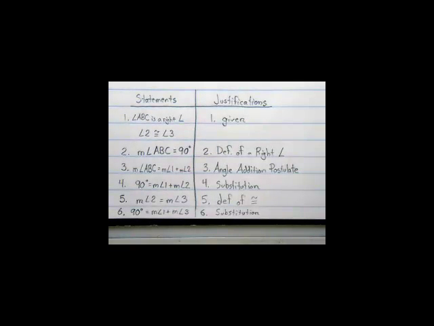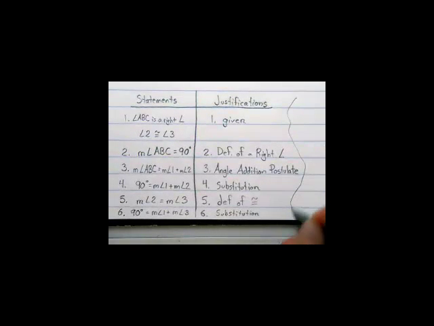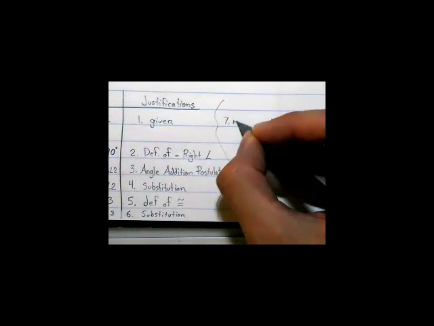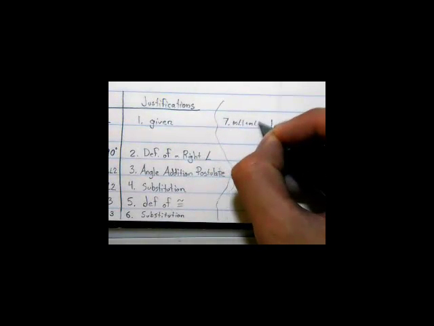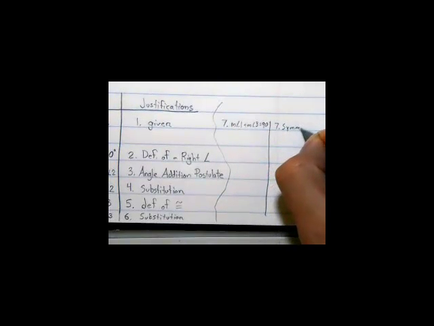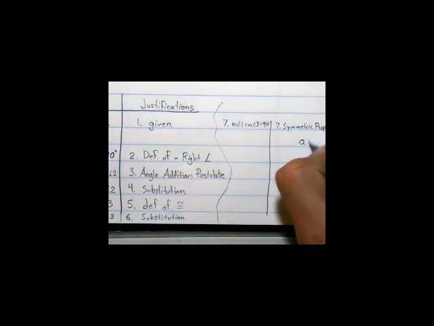So I ran out, so I'm going to come over here and just finish up. So here's my step 7. Step 7 would be measure of angle 1 plus measure of angle 3 equals 90, symmetric property, and then I can do my QED to be done.